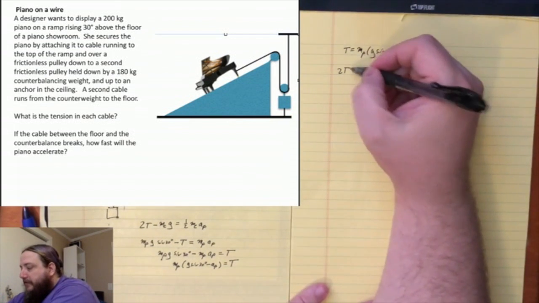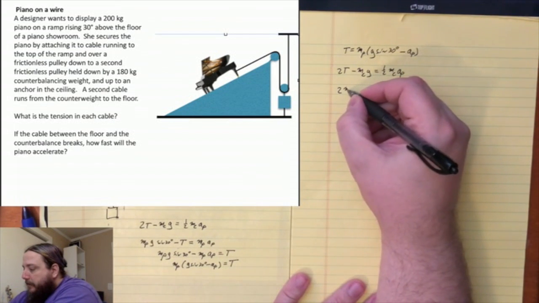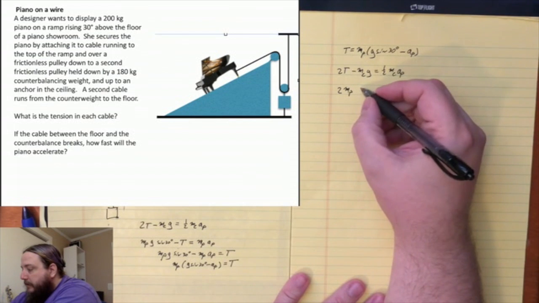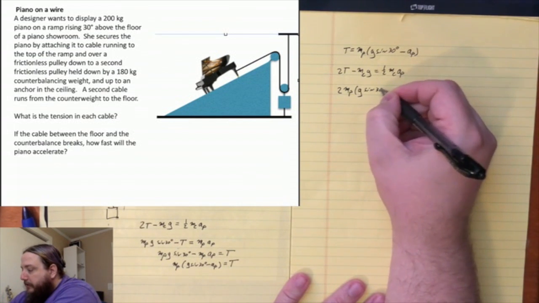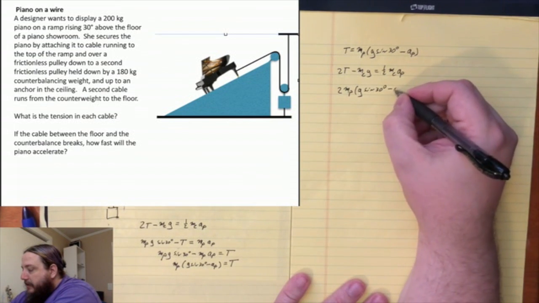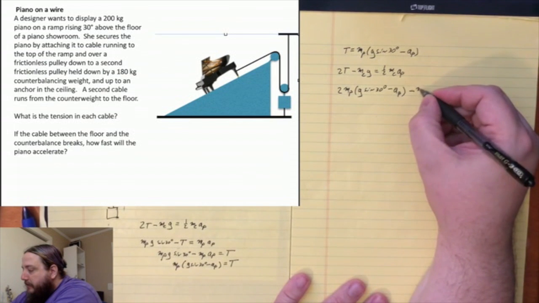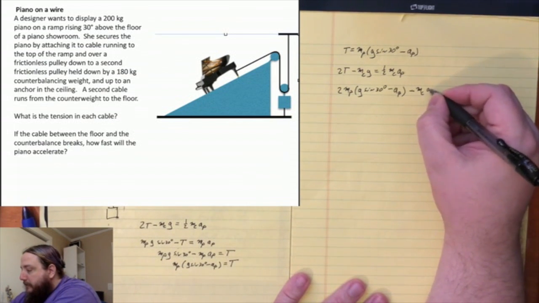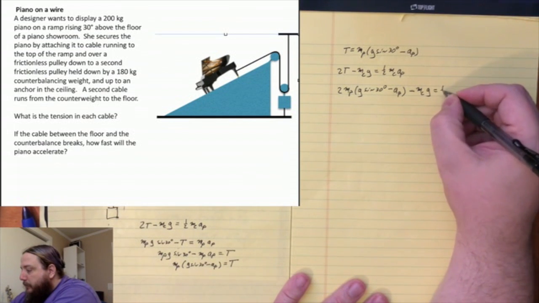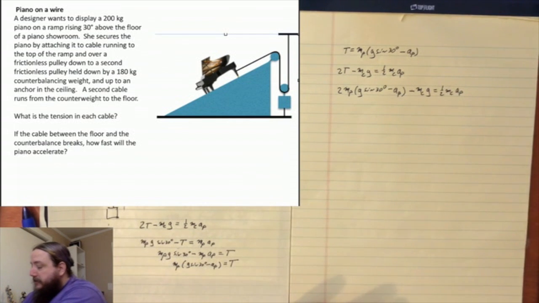And we can plug this in for the tension. So twice the mass of the piano times g sine of 30 degrees minus a_P, minus mass of the counterweight times g is equal to 1/2 mass of the counterweight times the acceleration.